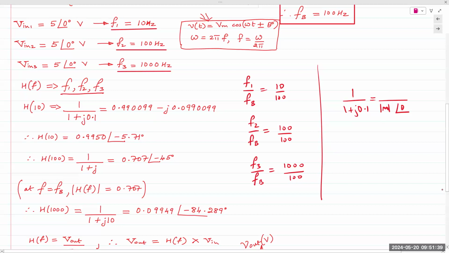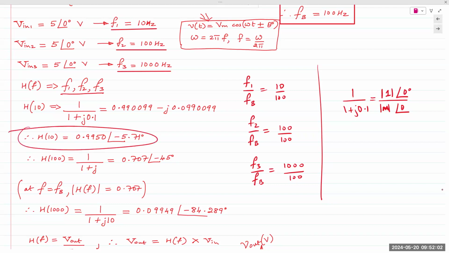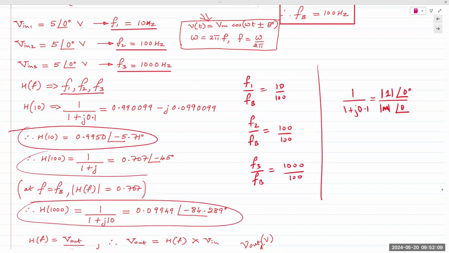The numerator will simply become magnitude of 1 and phase angle 0 degrees. And then, of course, magnitudes get divided and phase angles get subtracted. Then I would have an answer with a magnitude and phase angle. I would convert it back into either rectangular or polar if I needed to. But once you solve this, you obtain H of 10, H of 100, and H of 1000 values.